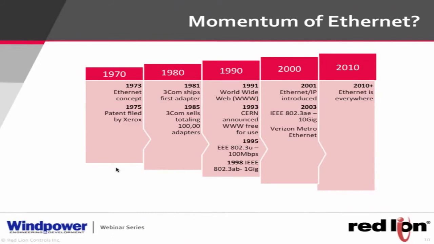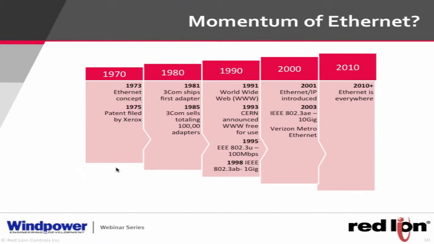This is where the momentum comes in. You look at the 1970s, 1980s, 1990s, 2000, 2010. Roughly 40 years ago is when Ethernet first came out. You can see that the patent was filed by Xerox in 1975, based off Bob Metcalfe's work.